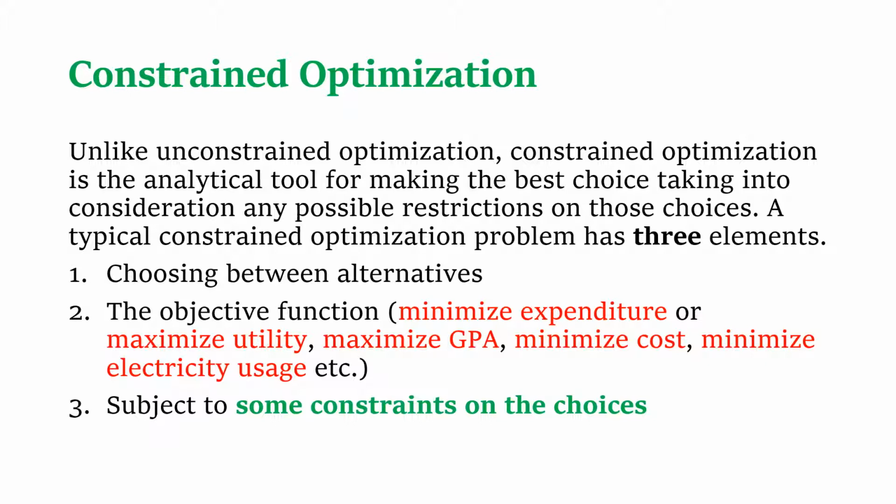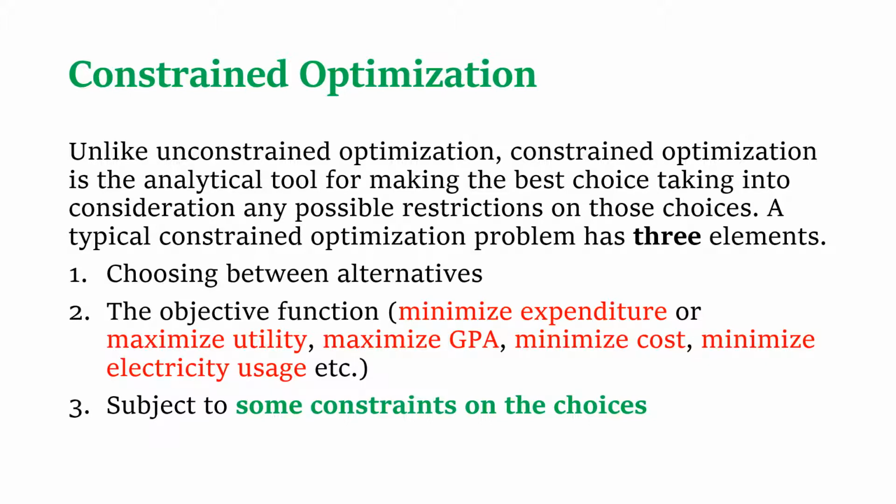The relationship of what you are planning to choose, what you are planning to do. Like now you say you want to maximize, you want to get the highest GPA, so that is going to be the objective function. Okay, you want to minimize electricity usage, that will be an objective function.